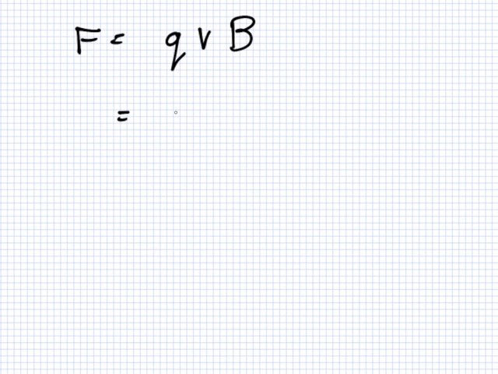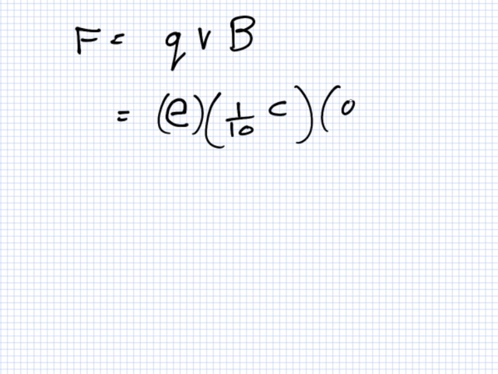Yes, it's on the calculator. Now the speed here is 1/10 the speed of light. What letter is for speed of light? C. And the B, I said, is 250 millitesla.